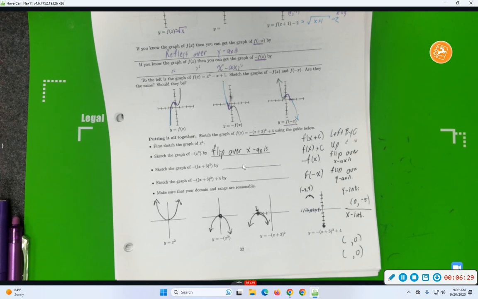I think intuitively it seems like there should be two of them, right? Because the parabola is going to calm down and hit the x-axis again.